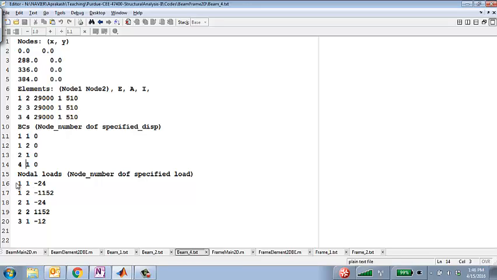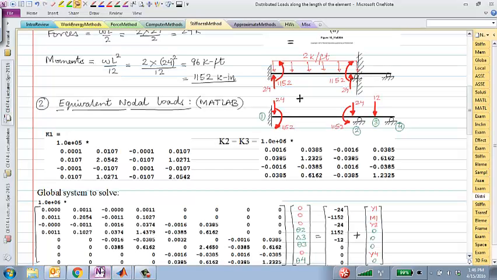And finally, there are these nodal loads. You can see these nodal loads of minus 24, minus 1152, minus 24, minus or plus 1152 and minus 12, these are the nodal loads and moments that we have applied here. Note also that this moment is a negative moment. We're not talking about bending moment. We are talking about nodal moment.